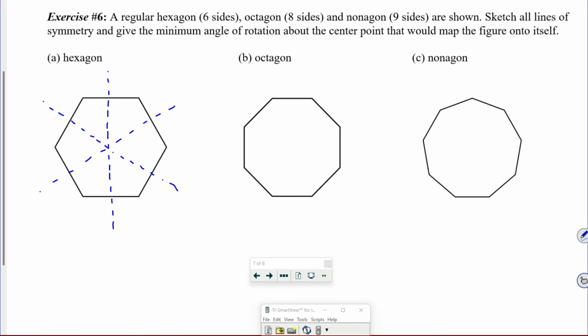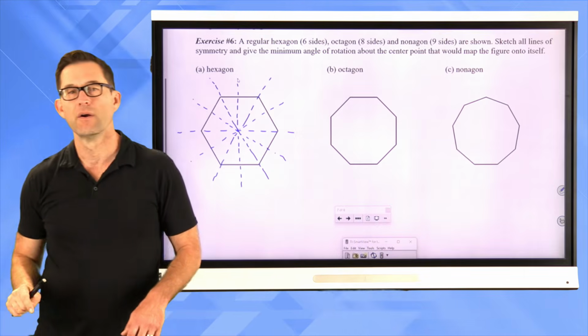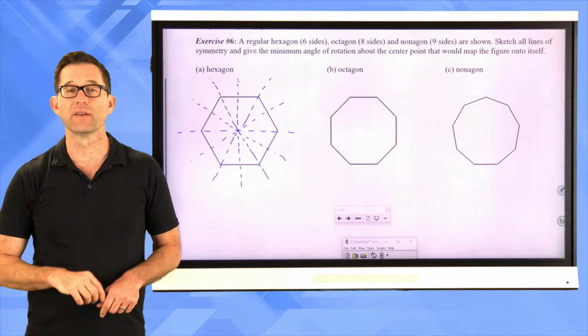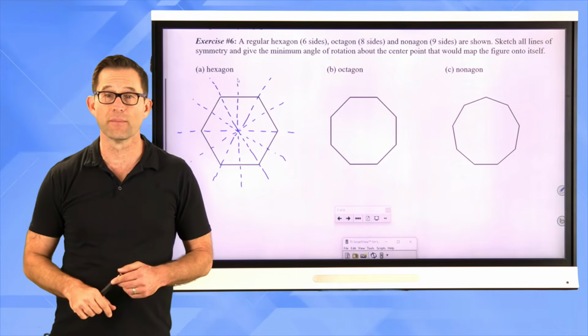You're going to sort of connect a side to a side, and then a vertex to a vertex. Right, so this is more similar to what we had with the square, the 4-sided figure. Right? Every one of those lines is then going to be a reflective line of symmetry.